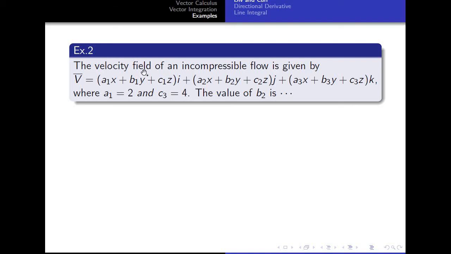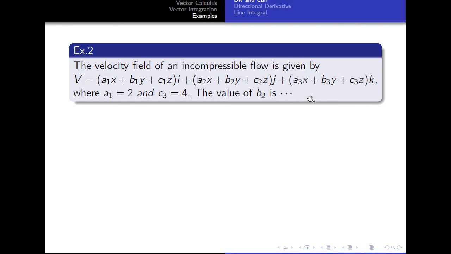The velocity field of an incompressible flow is given by v equals (a1x plus b1y plus c1z) i plus (a2x plus b2y plus c2z) j plus (a3x plus b3y plus c3z) k, where a1 equals 2 and c3 equals 4, and the value of b2 is asked.